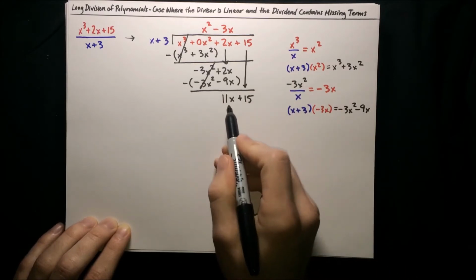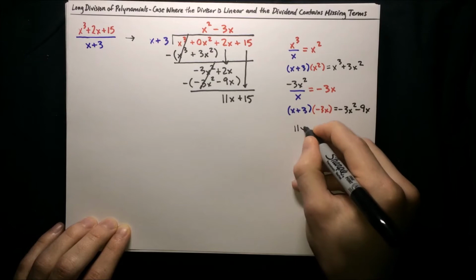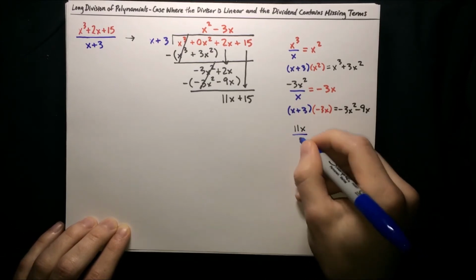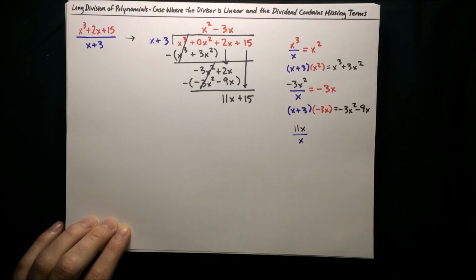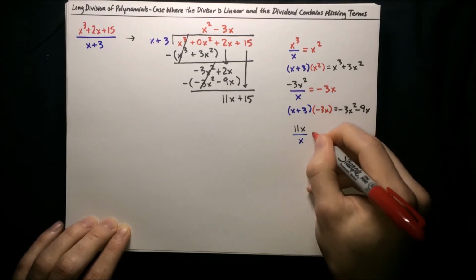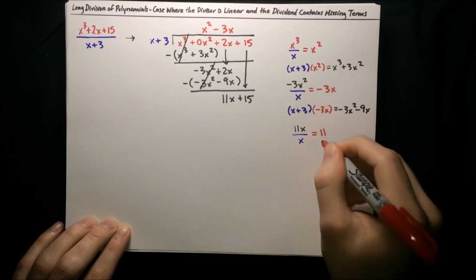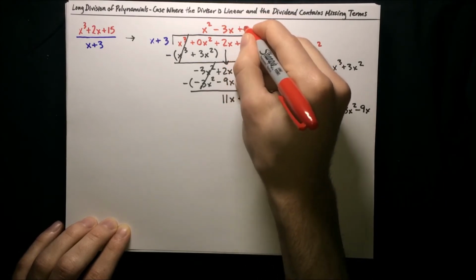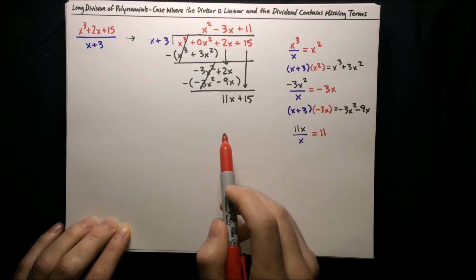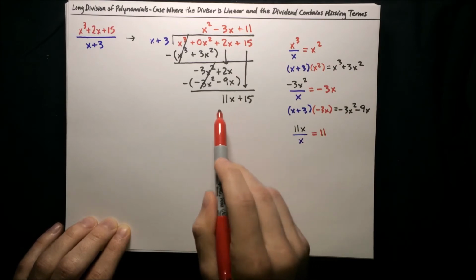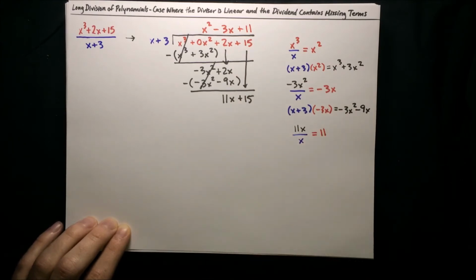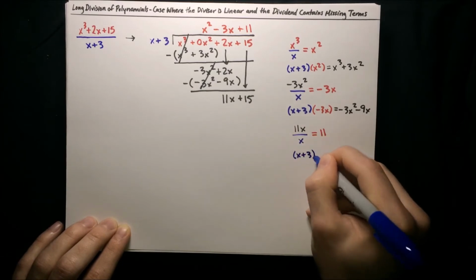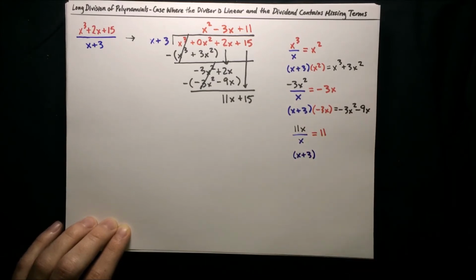So take that highest degree term, that 11x, divide it by the highest degree term in our divisor, which is x. We get a result of 11, and we put that result up in the quotient, so plus 11, and then to figure out what we need to write under this row here, we need to multiply our divisor, x plus 3, by that result of 11.